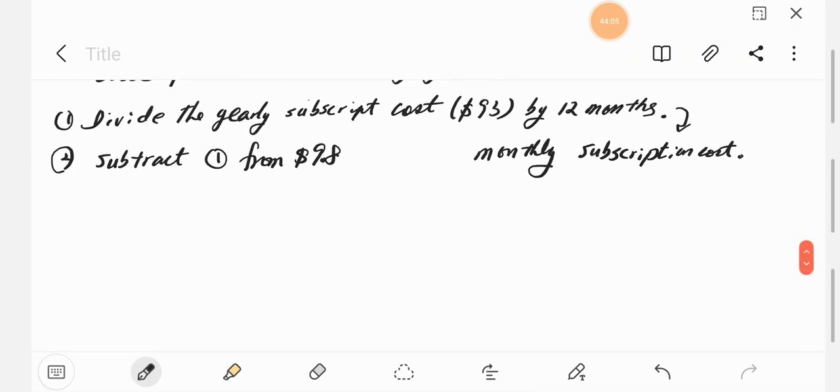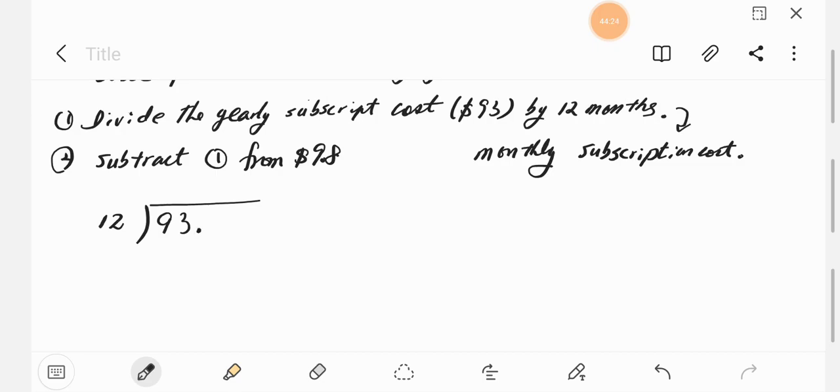Okay, so let's find the monthly subscription first. Okay, so let's divide $93 by 12 issues, right? 12 months.